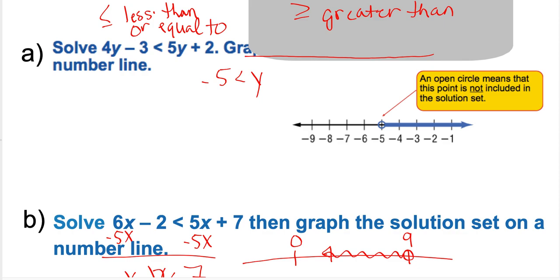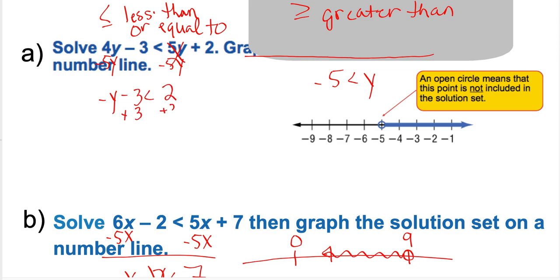So to avoid that, you always move the variable to the left, okay? So my first step that I would prefer is taking that 5y and subtracting it to the left, okay? When I do that, I get negative y minus 3 is less than 2. I'll add that 3 over, and I get negative y is less than 5, okay?